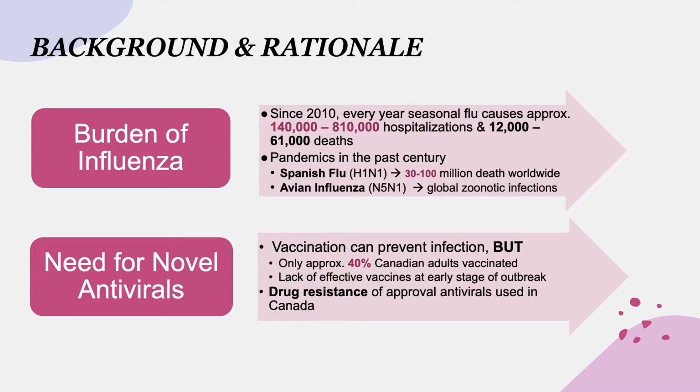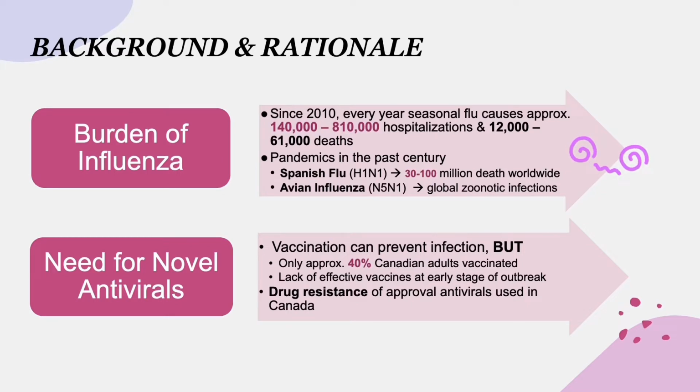The rationale for targeting influenza is mainly two aspects. One is the burden of influenza, and the other is the need for novel antivirals. Since 2010, each year seasonal flu causes approximately 140,000 to 810,000 hospitalizations and an estimated 12,000 to 61,000 deaths annually.